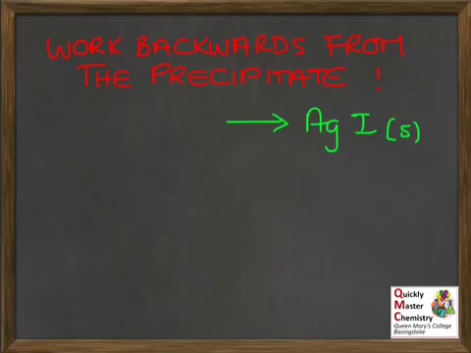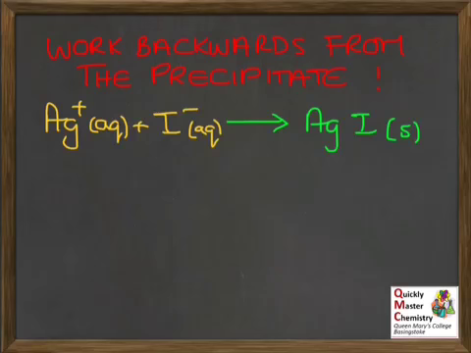So we can write the product of the reaction, the precipitate, AgI solid, and then for the reactants we can just unpick what ions must have been present in solution to make that. And that is simply the silver ions, Ag+ (aq), and the iodide ions, I- (aq).